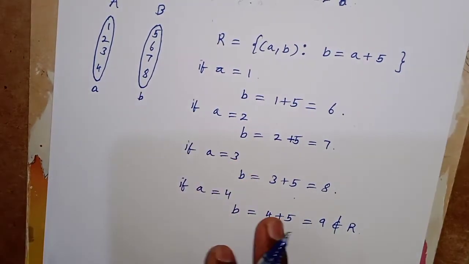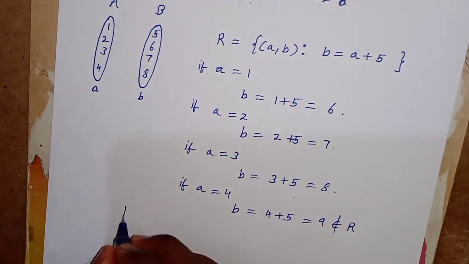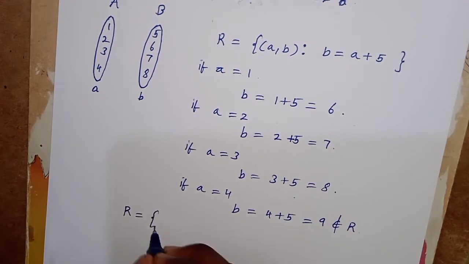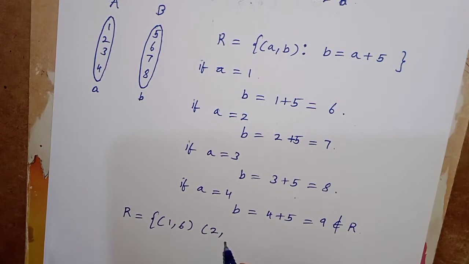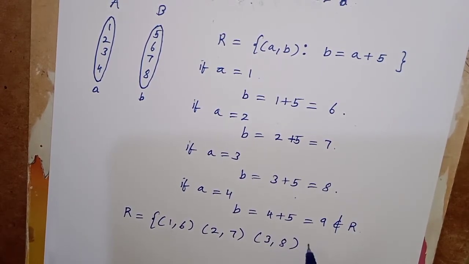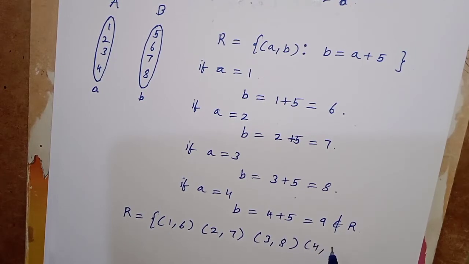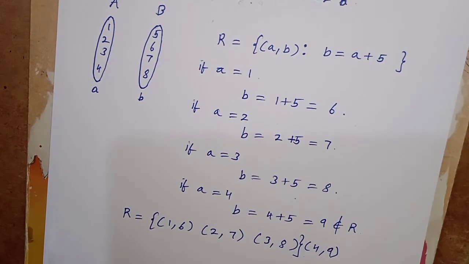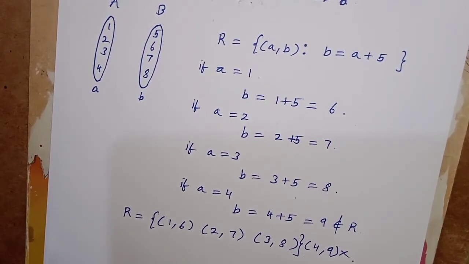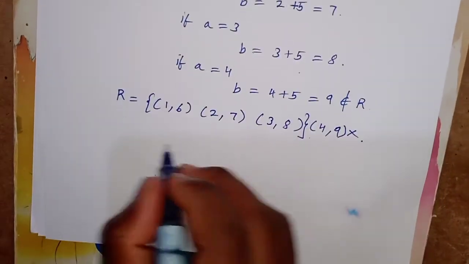Now you can plot relation R, our ordered pairs: 1 comma 6, 2 comma 7, 3 comma 8. 4 comma 9 is not there, therefore not included.